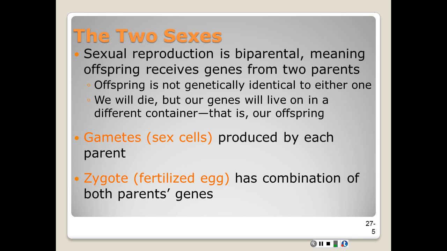Usually these tasks are apportioned to two different kinds of gametes: a small mobile one, which would be your sperm, and a large nutrient-laden one, which would be our eggs. So we're looking at two different types of gametes, our eggs carried by the female, and the sperm carried by our male. Gametes are basically sex cells, and they're produced by each parent. And our zygote, which is a fertilized egg, has a combination of both parent genes.